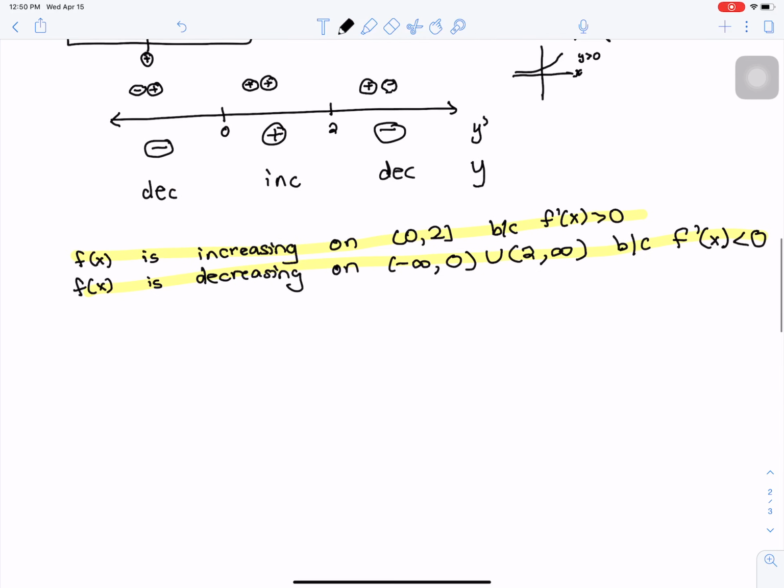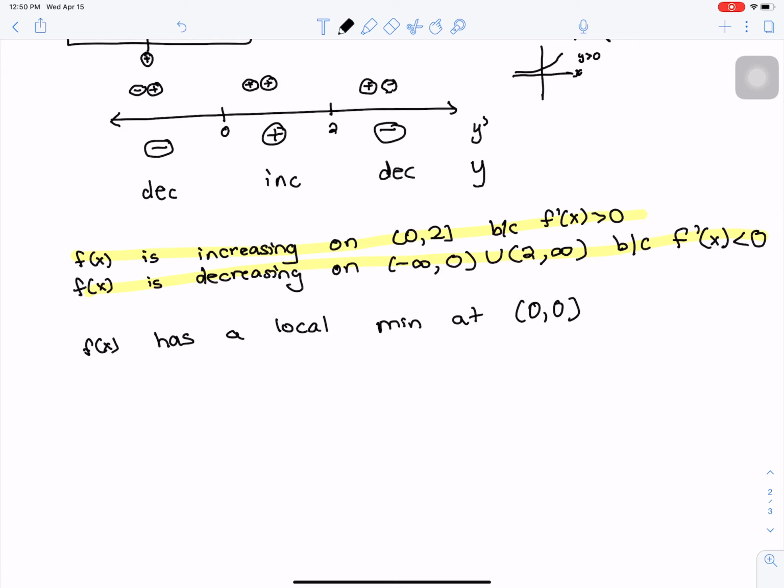Now we're looking for sign changes. So the sign changes from negative to positive, so it goes down and then up. So f of x has a local minimum at 0, 0.